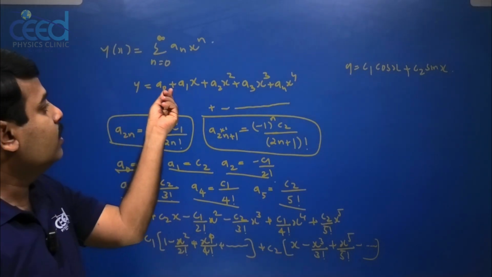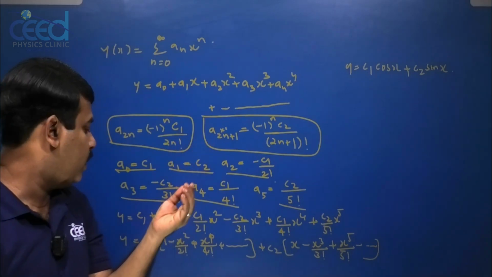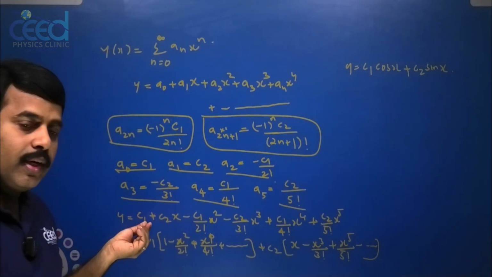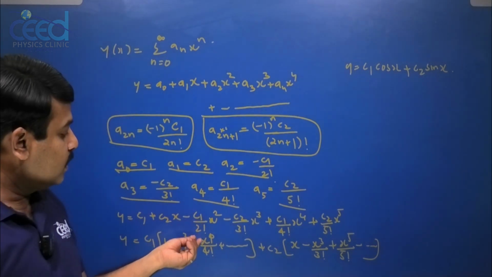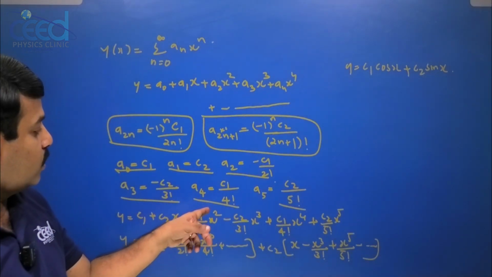Now putting these a0, a1, a2, a3 values here, what can you write? y is c1 plus c2 x minus c1 by 2 factorial x square.